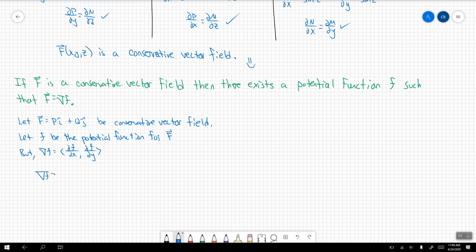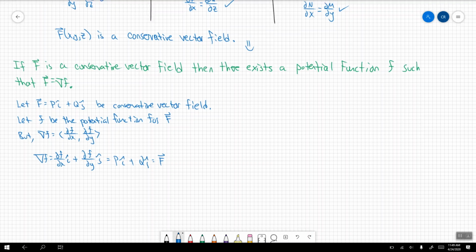Well, I'm really looking at this piece right here for this conservative vector field, which is F. What does this tell us then?